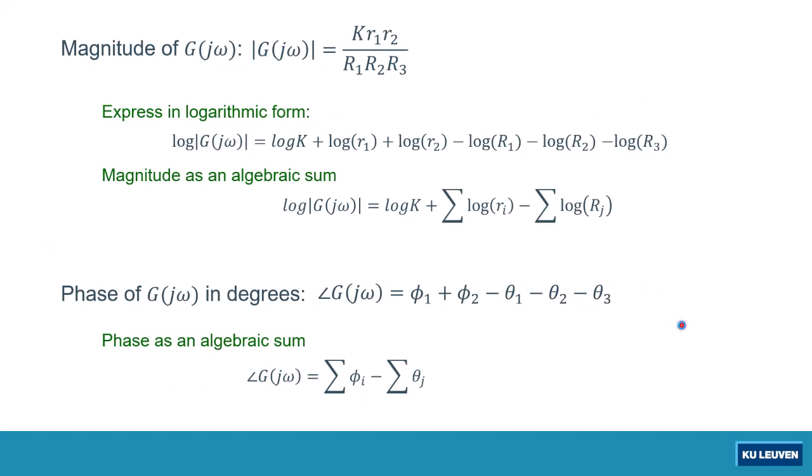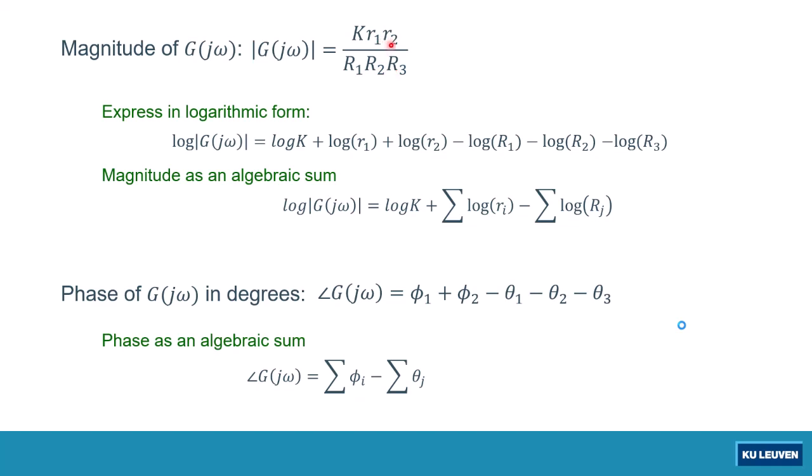This means then the magnitude of G(jω) consequently will be equal to K times lowercase r1 times lowercase r2, divided by capital R1, capital R2, capital R3, where these are capital R1, 2, 3 and lowercase r1, 2.